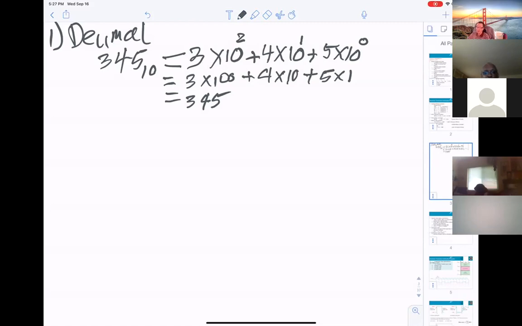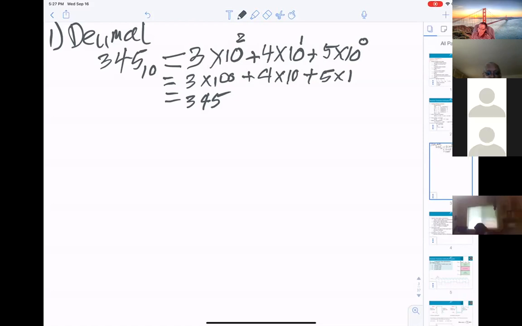Okay, now why do we times 10? Who knows why we times 10? The base 10, exactly. That will be the base 10, so that's why we times 10.